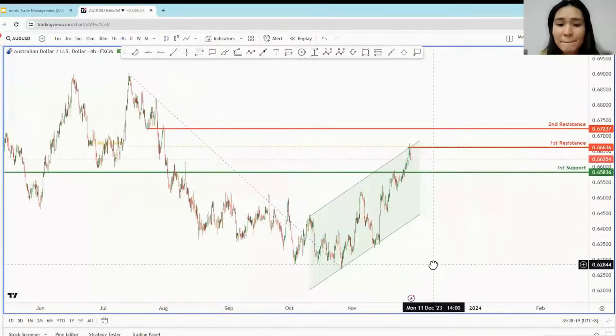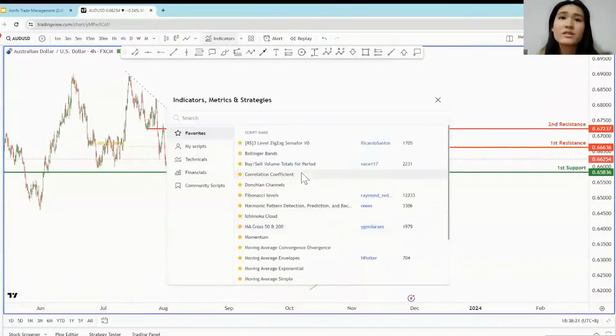Okay, so let's just go in with our indicators.